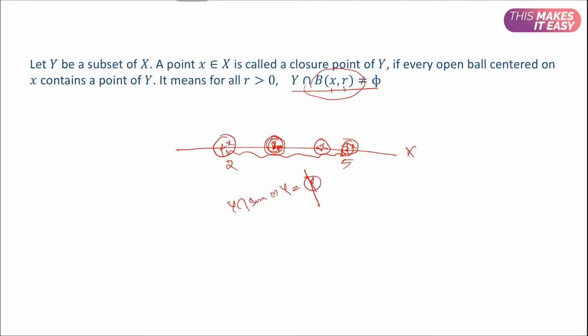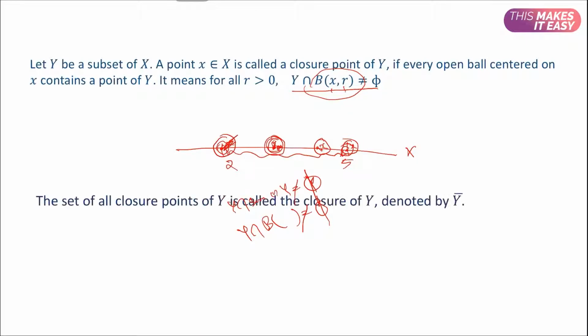If I take a point here, y intersection this ball is again not equal to the empty set, because this ball will contain some elements from y. The set of all closure points of y is called the closure of y, denoted by y bar. So all these points including the boundary are called the closure of y, denoted by y bar.